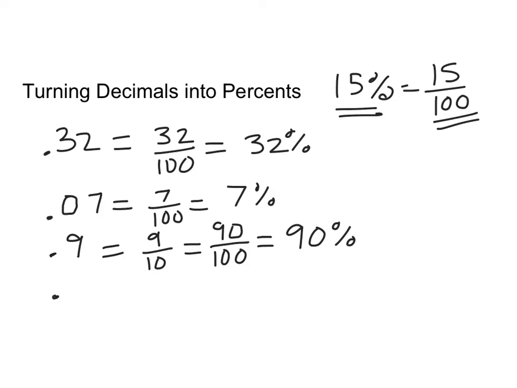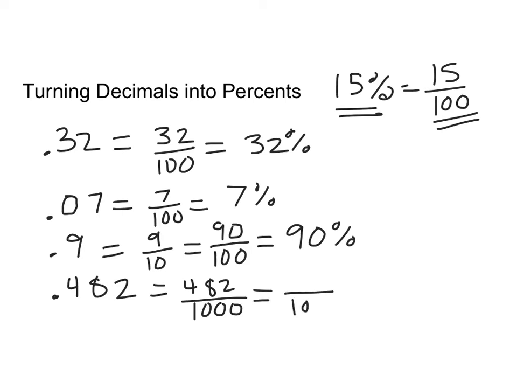Let's say 0.482. 482 thousandths. How are we going to make that into a percent? Well, this one isn't quite as pretty, but I guess if we want to divide by 10, that would be like 48.2. If we make it one digit smaller on both parts, so that would be 48.2%.